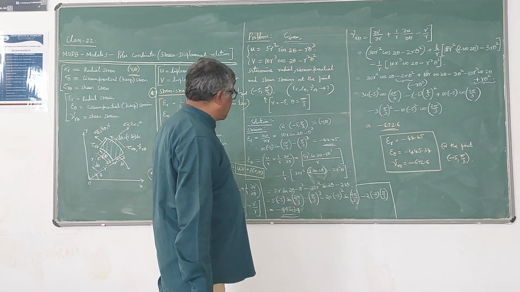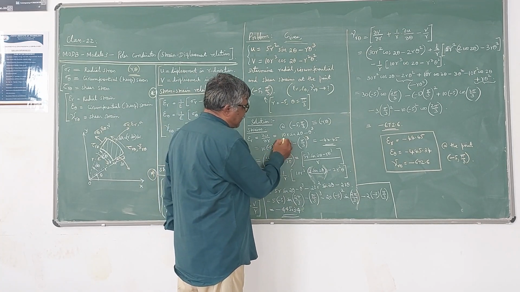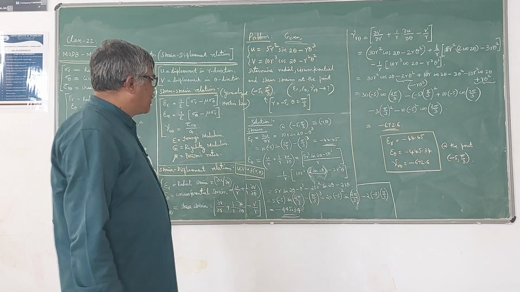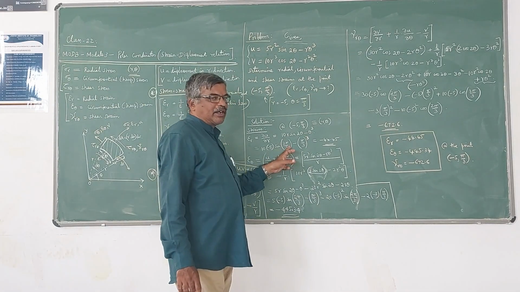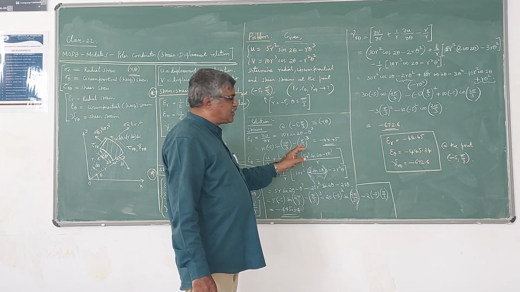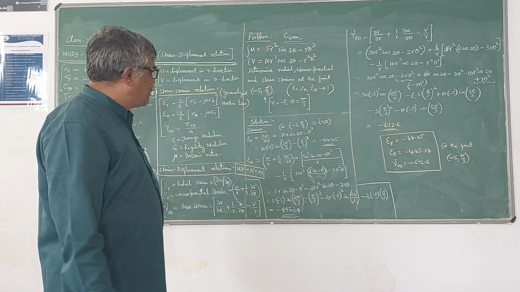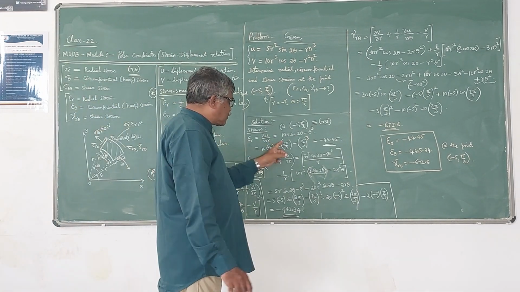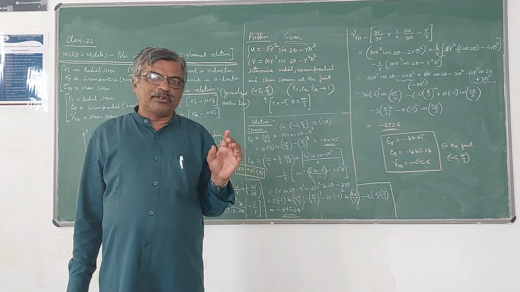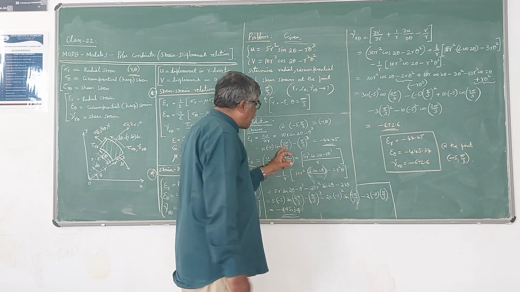Now here, one thing: in your calculator, when you are using this 2 pi by 3, if your calculator is in degree mode, then instead of 2 pi by 3, you have to put 120 degree. Of course, theta will be in radians, so pi by 3 is okay. But when that theta is associated with some ratio, sin or cos, and the calculator is in degree mode, you have to substitute that value in degrees.